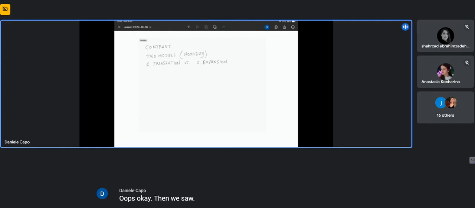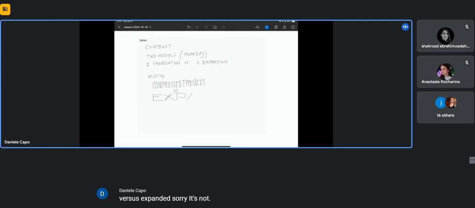Then we saw again the idea of widths, where we have compressed typefaces versus expanded.